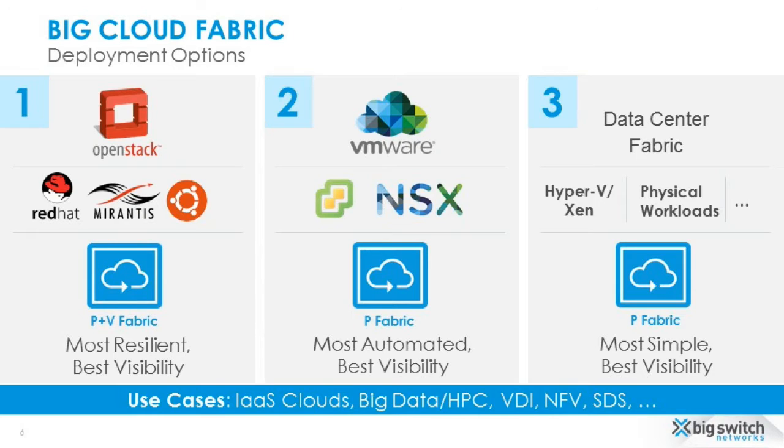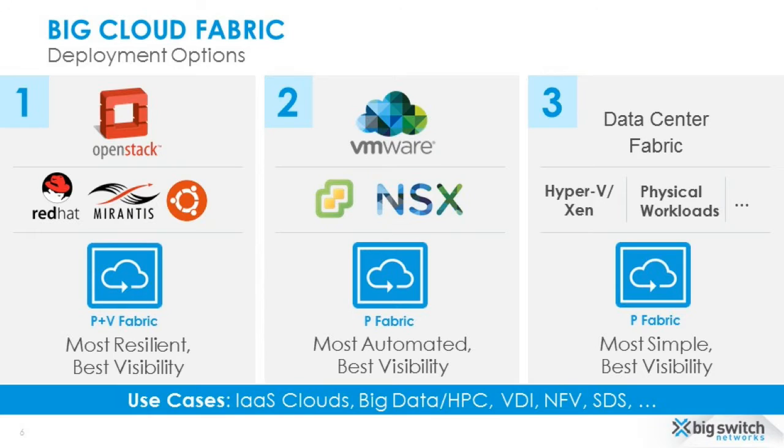So same functionality, same features, better in terms of managing it. The benefit that you get here is not only the economical benefits from open SDN fabrics, but more importantly, it enables you to do the kind of automation that is simply not possible with box-by-box networking. So that's how I think of Big Cloud Fabric when I explain it to people who are looking at it for the first time.